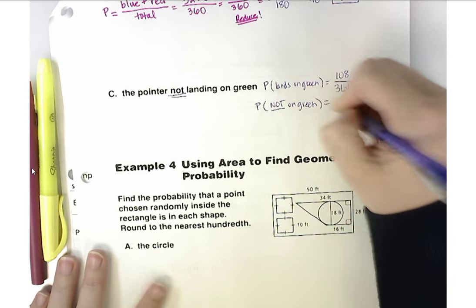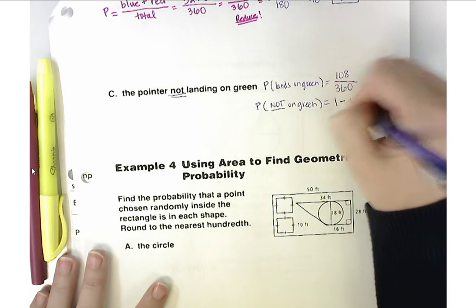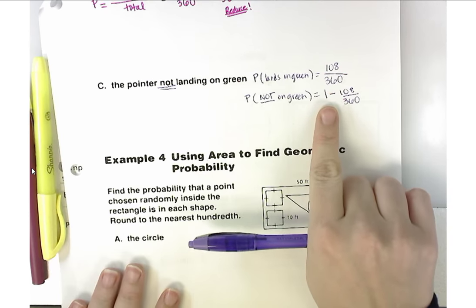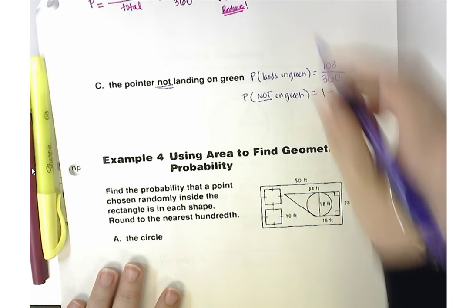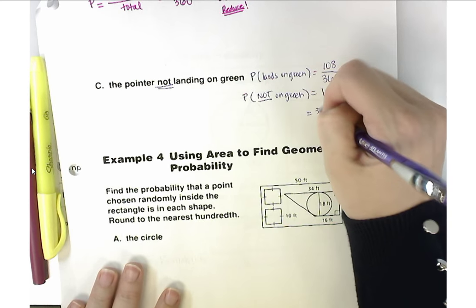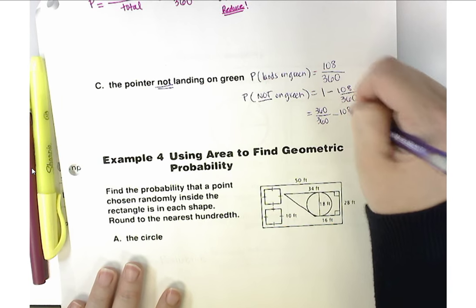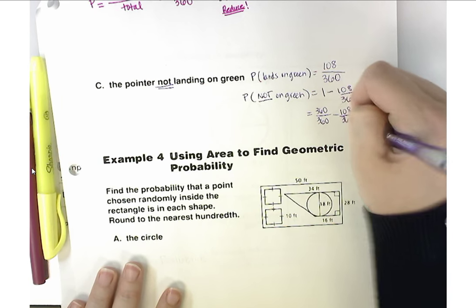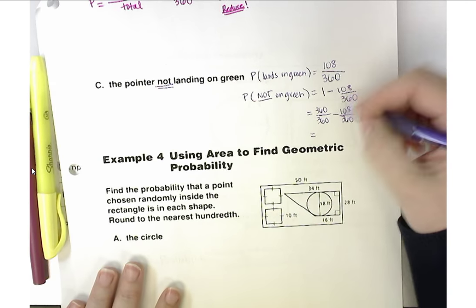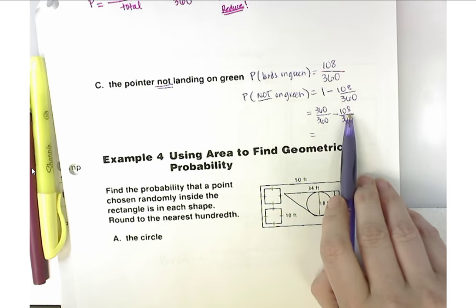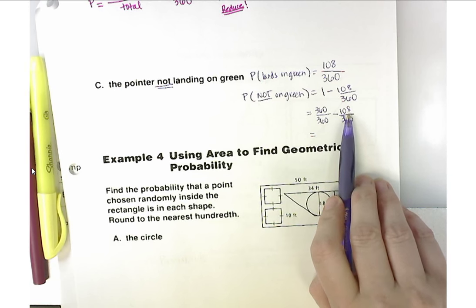Okay, so the probability that it does not land on green is just going to be 1 minus 108 over 360. And whatever 1 is, you just find the denominator, which is 360, and it's just 360 minus 108. When I think of this with mental math, I try to add up.